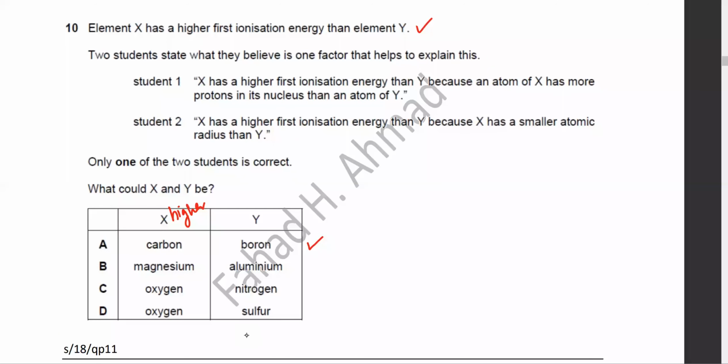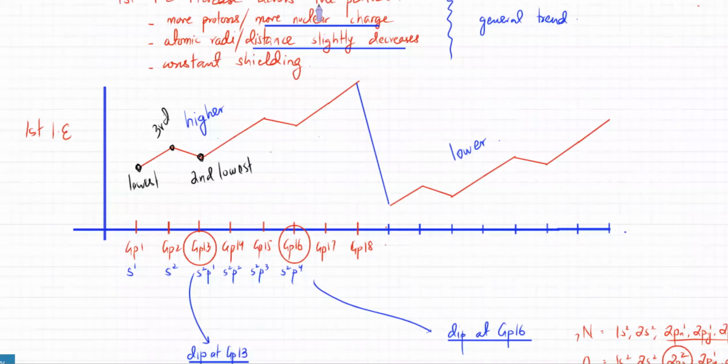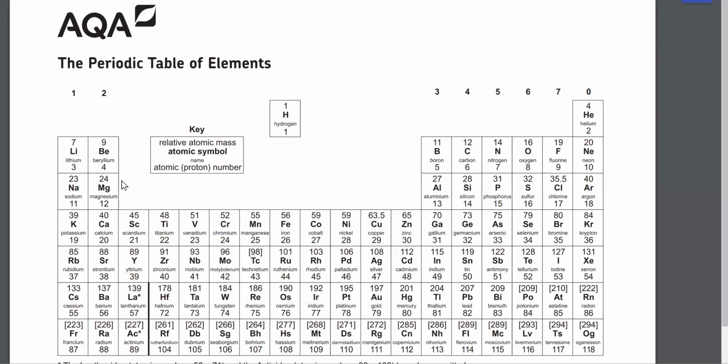So I'm just focusing on the first one. What about the next one? Magnesium and aluminium. Is magnesium going to have a higher ionization energy compared to aluminium? Yes, that is true. Magnesium is going to have a higher ionization energy compared to aluminium, because at aluminium, at group 13, there's going to be a dip when you move across the period.